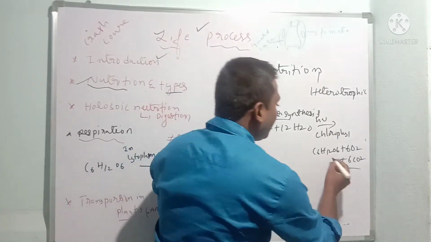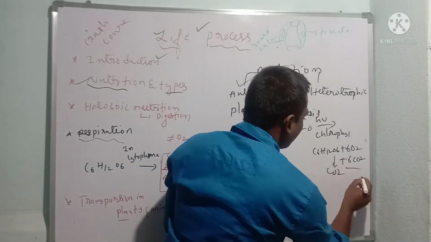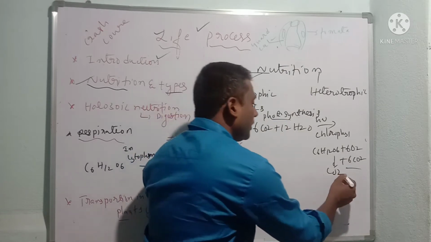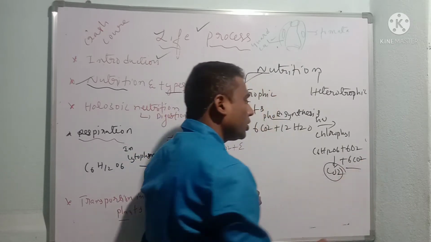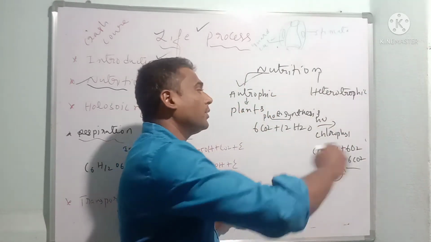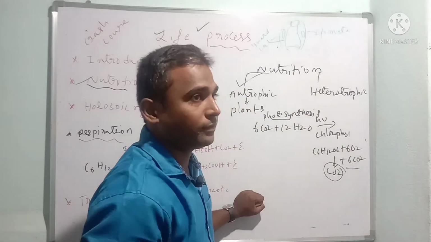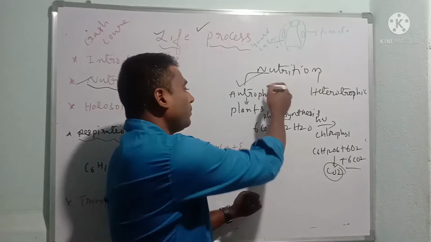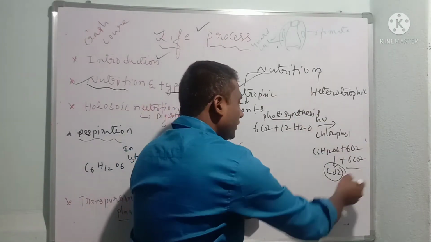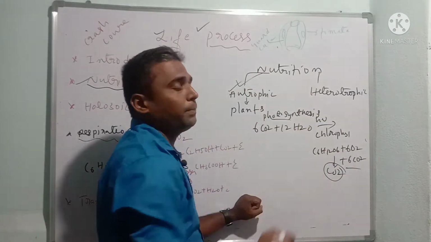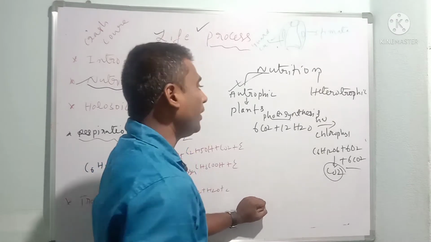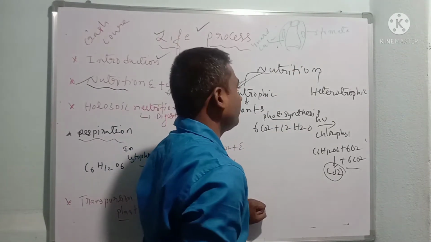After that, there is a reduction of carbon dioxide. Reduction of carbon dioxide means what, children? Oxygen is going to be released outside. These are the major things we find in photosynthesis. By using this process, plants can prepare their food. So this is all about autotrophic nutrition.